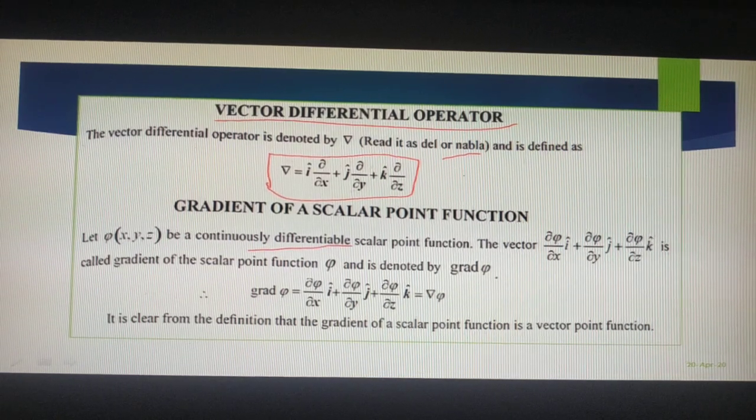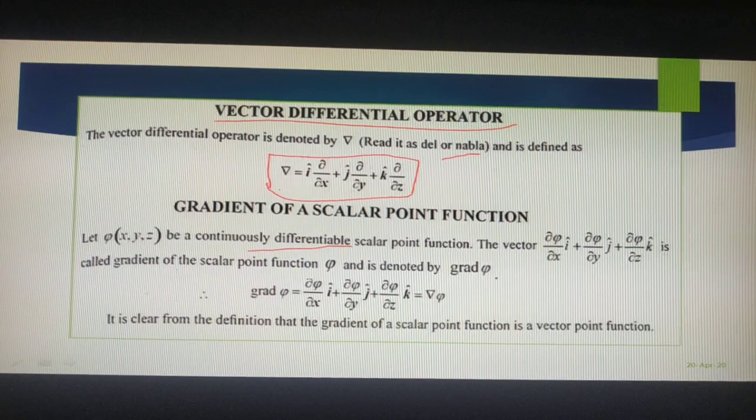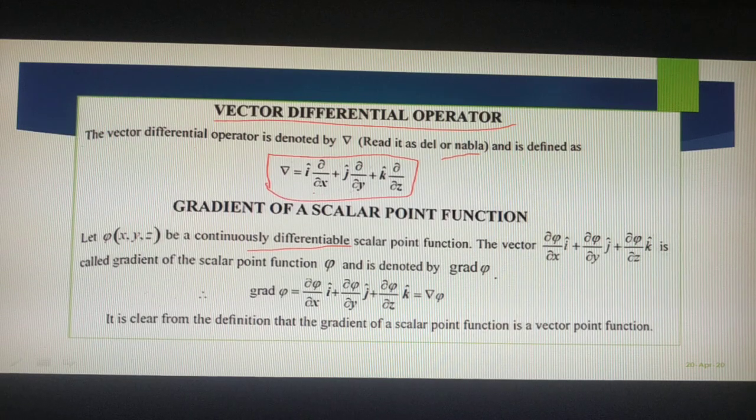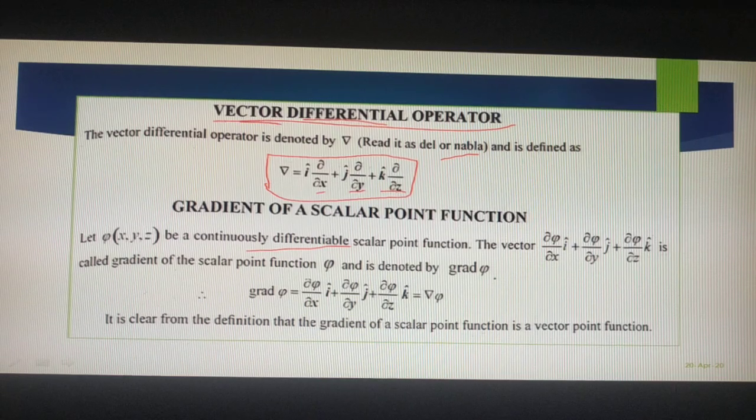Okay, so let's see how we define this del operator. Del is equal to i dou by dou x plus j dou by dou y plus k dou by dou z. So if you see here, partial derivatives are involved, and this is a vector differential operator because we consider i, j, k as unit vectors in this operator.